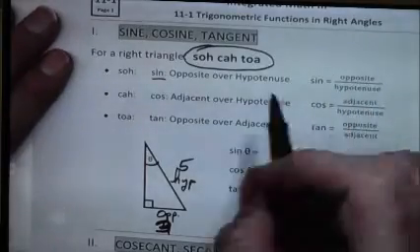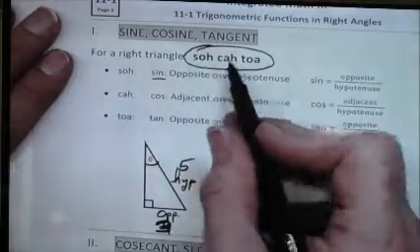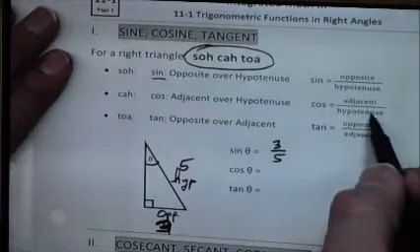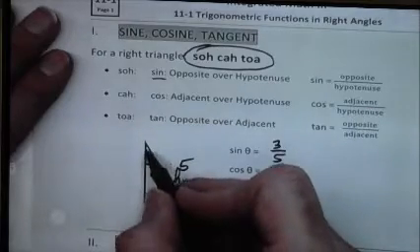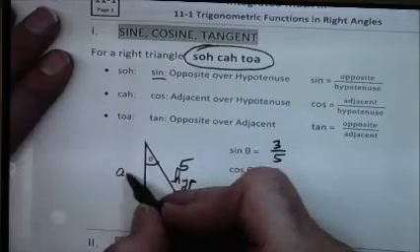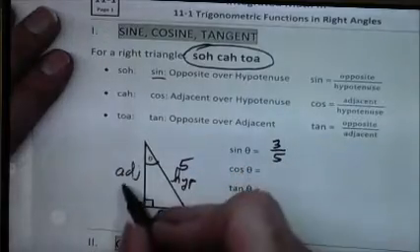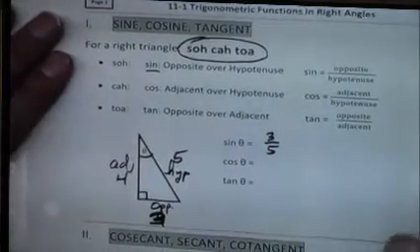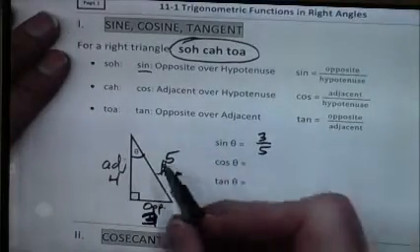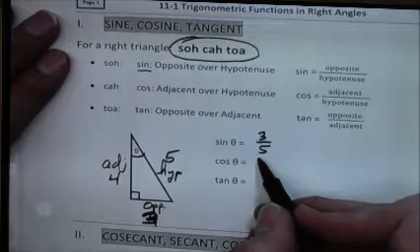The cosine, if you remember CAH, is the adjacent side amount divided by the hypotenuse. And if this is the angle, this line is the one that's adjacent to that angle. I'm going to say that that adjacent is the amount 4. So that means that the cosine would be 4 over 5.